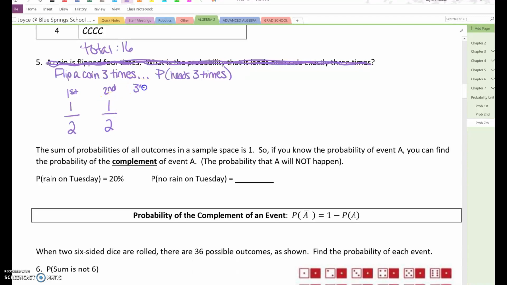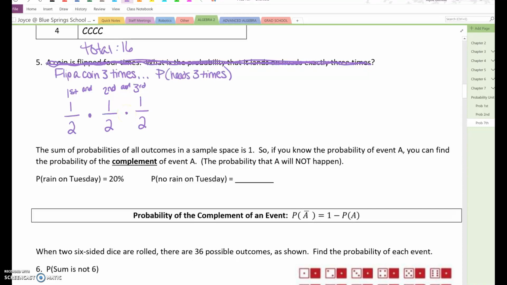The third time we flip the coin, 1 out of 2. Could we say that we are trying to get heads and heads and heads? Would it make sense to use the word and in between these? If you can use the word and, you are going to multiply them.